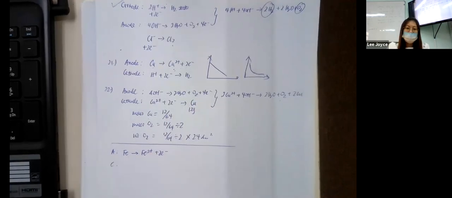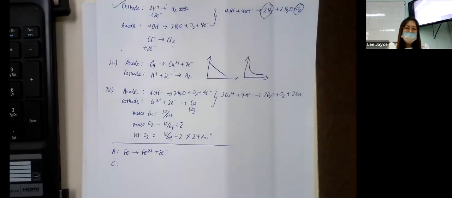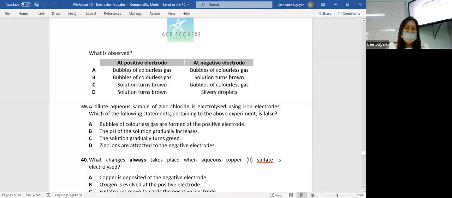Then at the cathode, what do you need to check? Check for the electrolyte. The electrolyte is zinc chloride. Then you check the cations. You have the Zn2+ and H+ ions, and the H+ ion is more preferred to be discharged. So your H+ ions will be reduced to form the hydrogen gas.